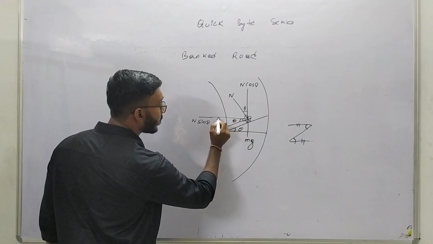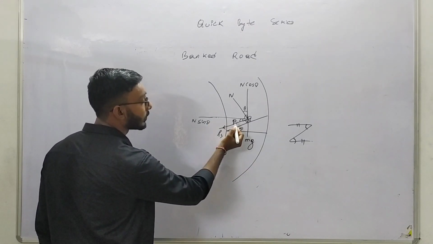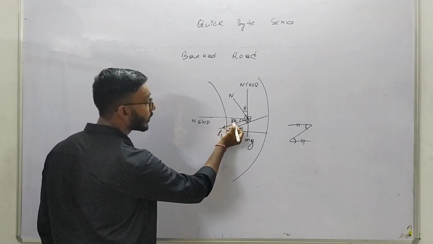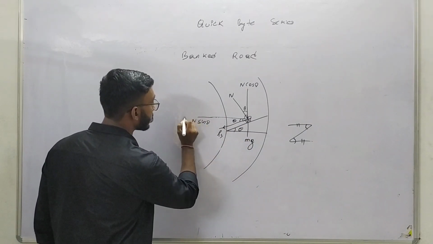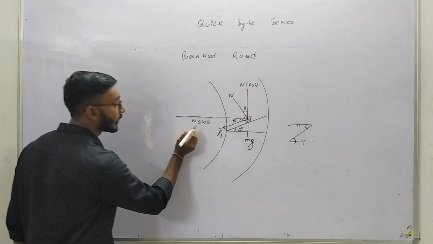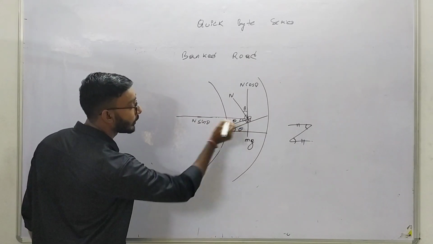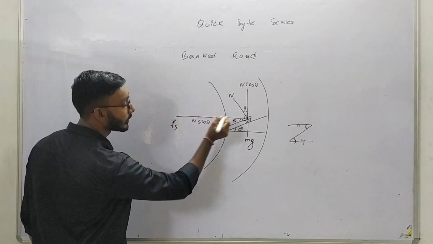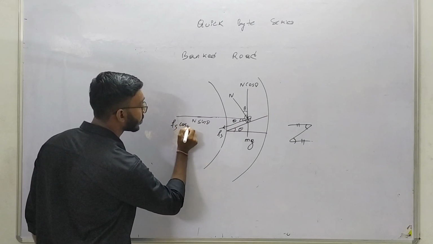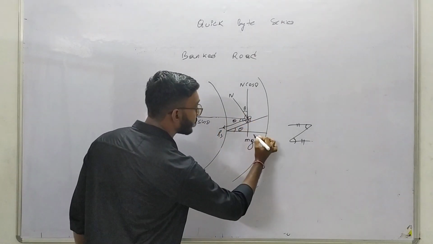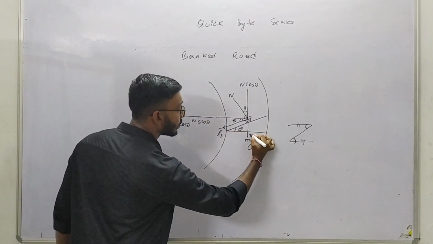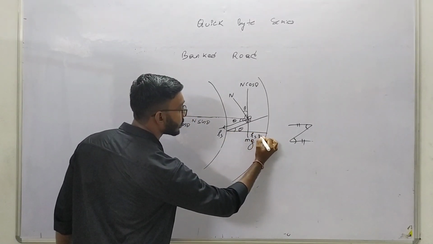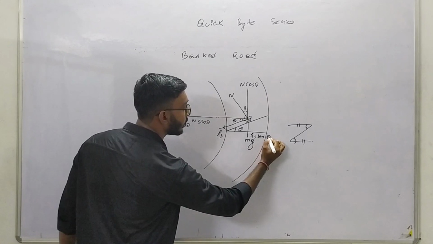Now it will be Fs cos theta, and this will be Fs sin theta. I am extending this line so that I have space for writing this. So it will be Fs cos theta, and this vertical component I will write here, Fs sin theta.